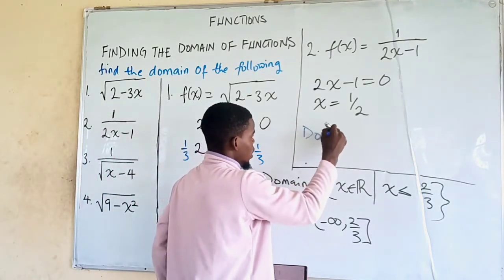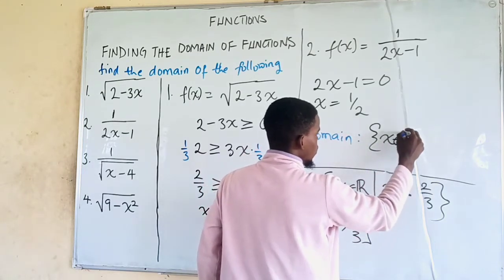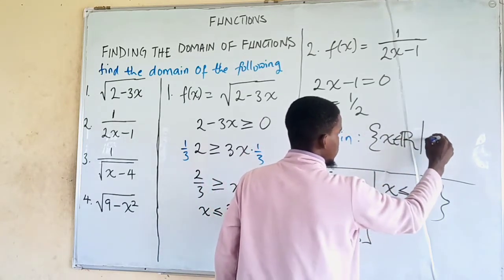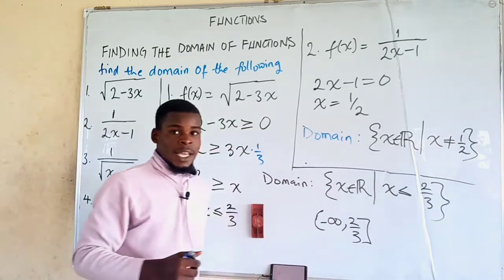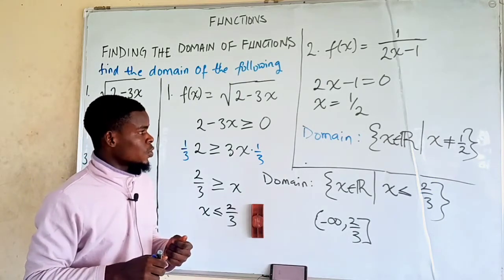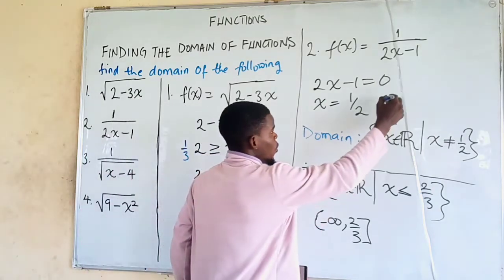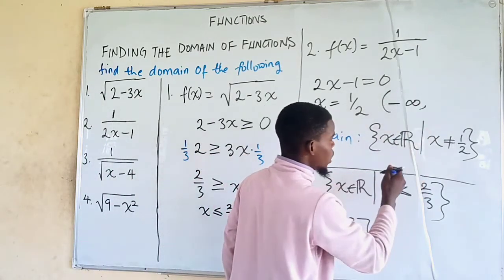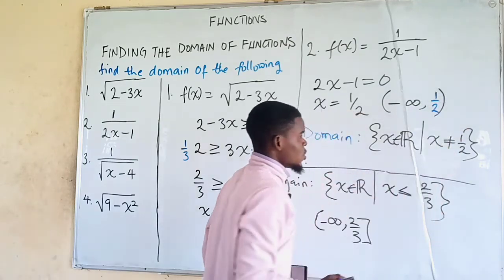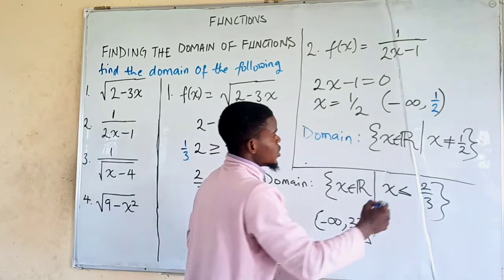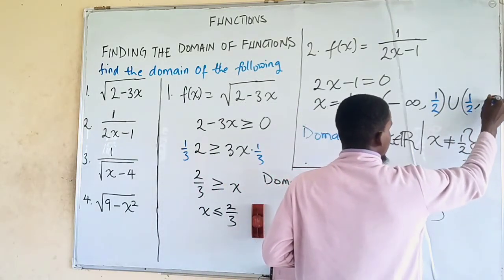So the domain will be made up of the set of real numbers such that x is not equal to 1/2. It can be less than 1/2 and bigger than 1/2, but not the point 1/2. We can also represent this using interval notation as from negative infinity to 1/2, but we are going to exclude the 1/2, and again we unite this with from 1/2 till positive infinity.